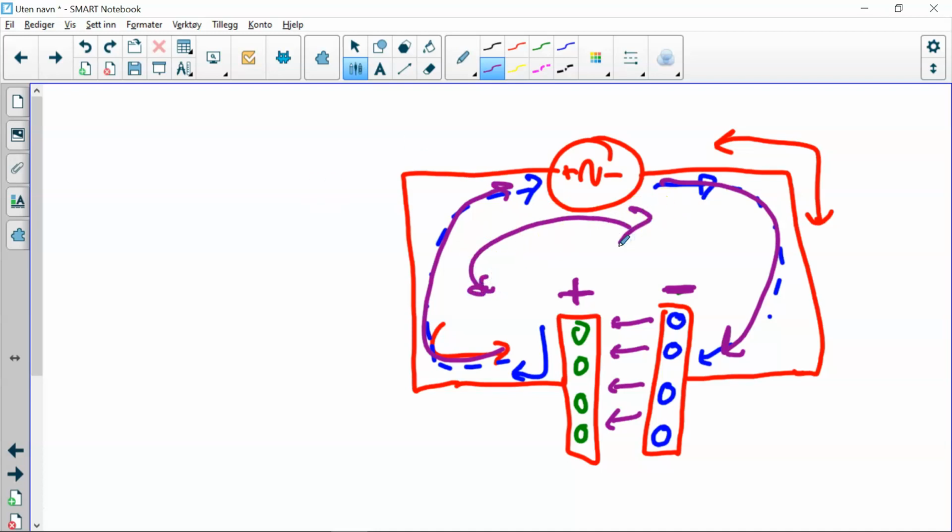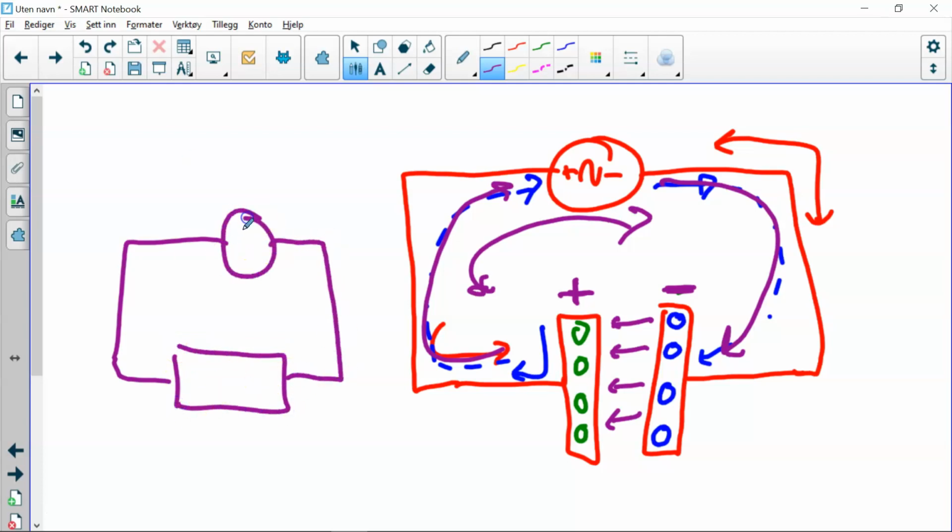Now, in circuits with alternating currents, you can say that the capacitor represents something called an impedance Z. So the capacitor represents some kind of resistance to the circuit.